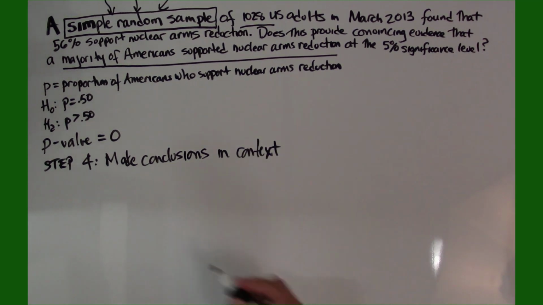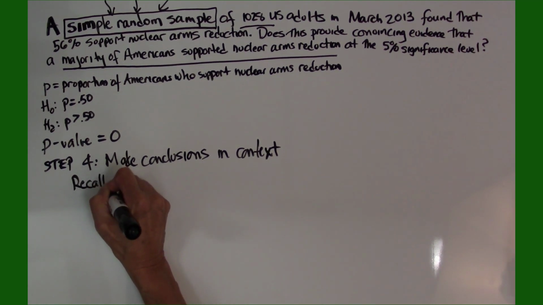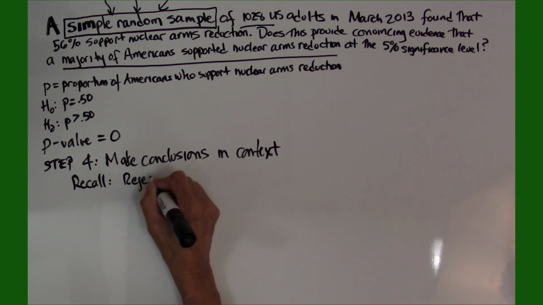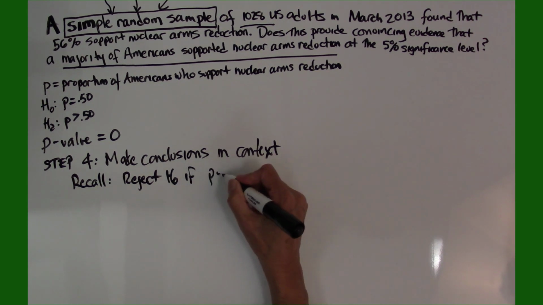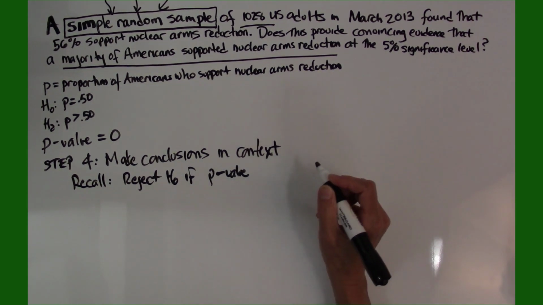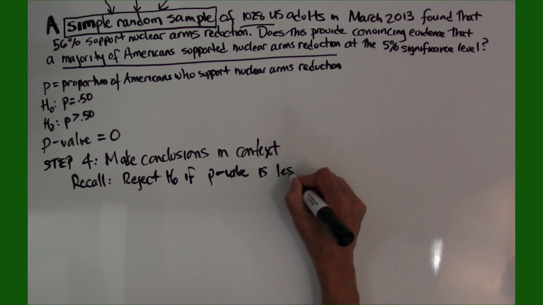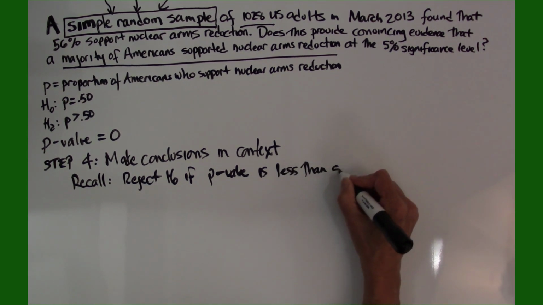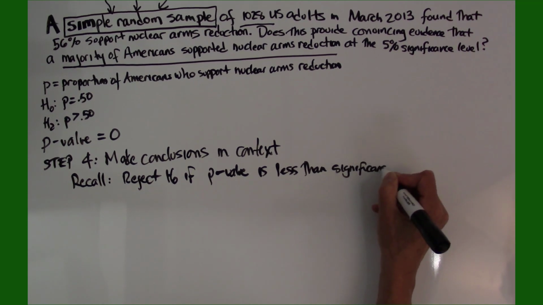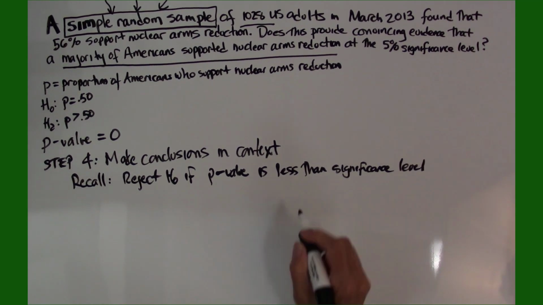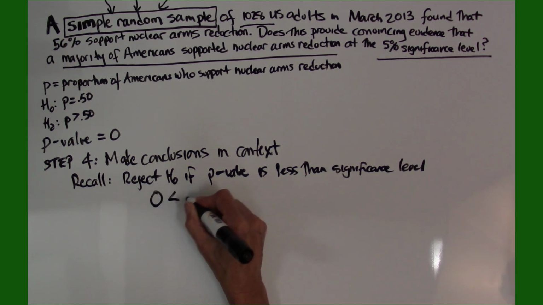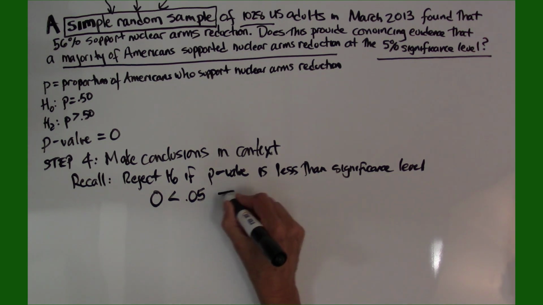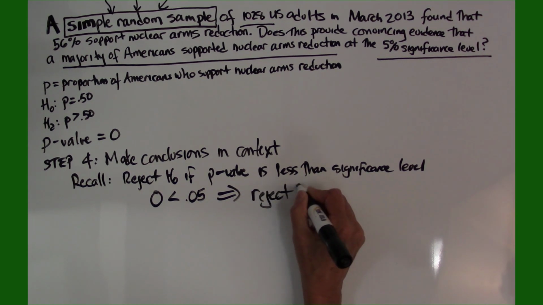Let's recall that we can reject our null hypothesis if our p-value is less than our significance level. In this case, our significance level is given as 5%, or 0.05, and the p-value is less than 0.05, which means we can reject the null hypothesis.